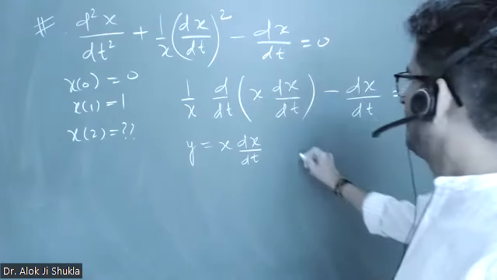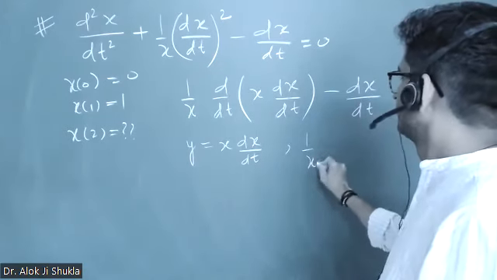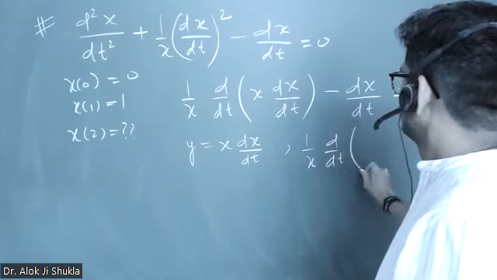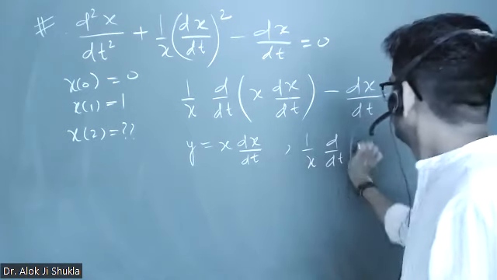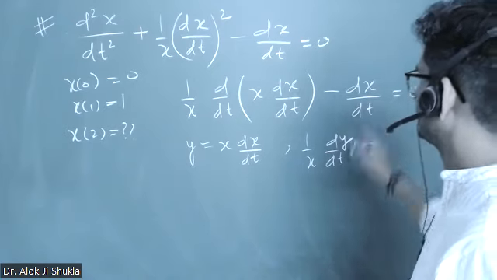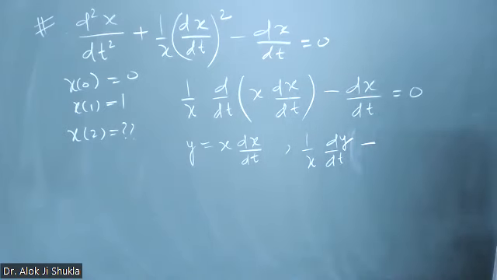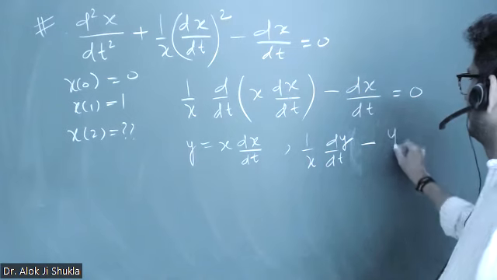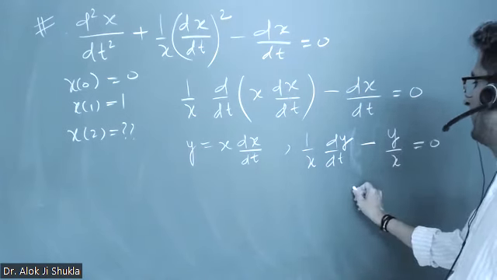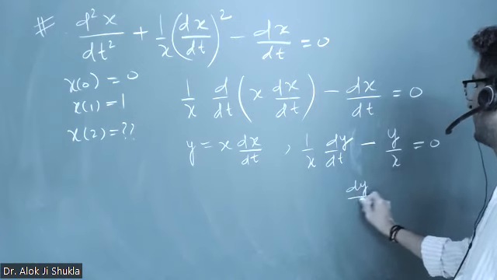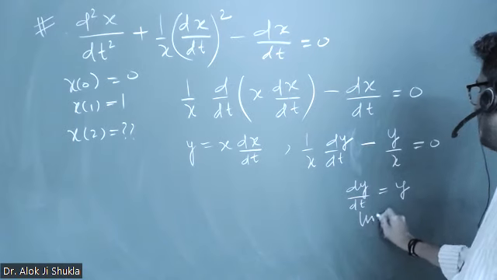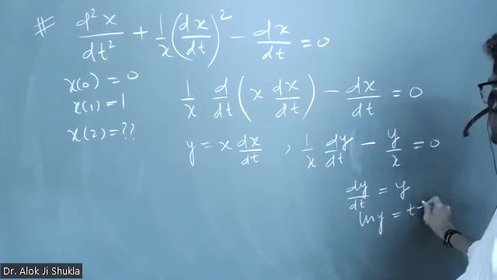So it will become 1 by x d by dt of y, dy by dt minus what is dx by dt? y. y by x is equal to 0. So that means dy by dt is equal to y. That means ln of y is equal to t plus c.